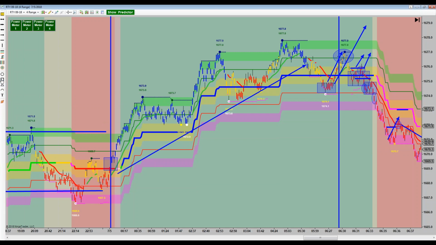So it's quite possible that in this particular move up, you may or may not have been wicked out in this retracement right here, depending on how tight to line 6 and the stealth line you had your stops.